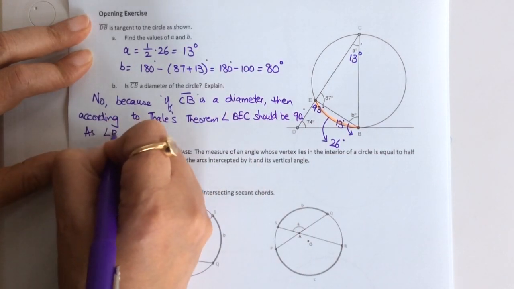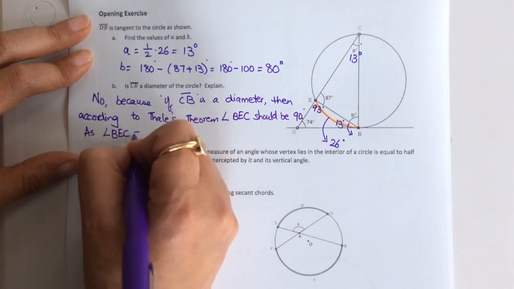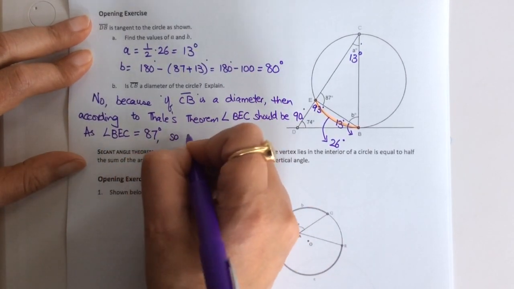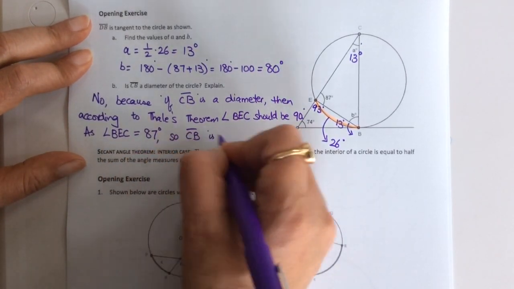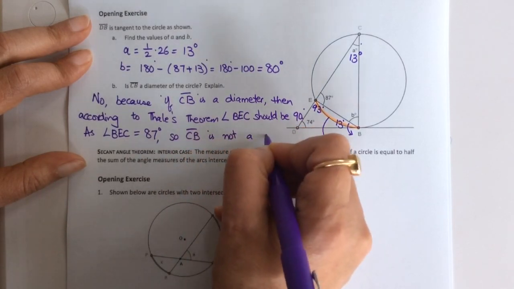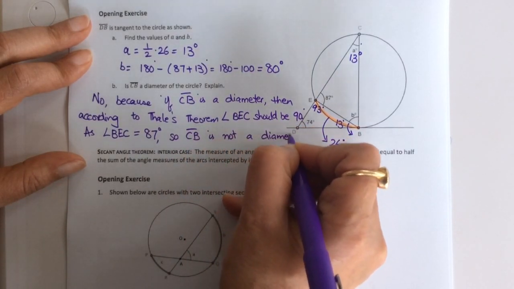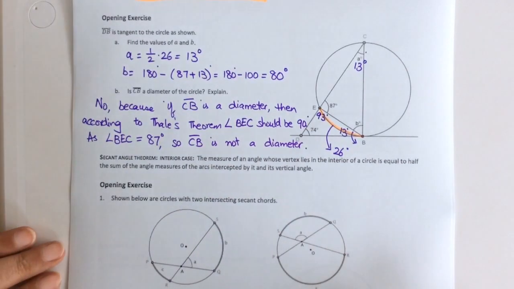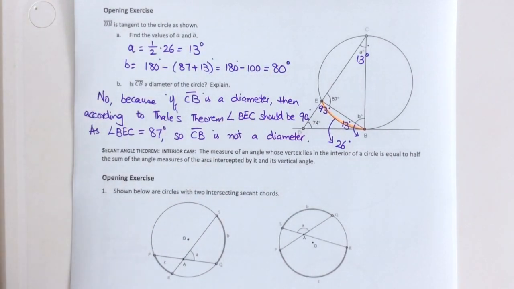So as angle BEC is equal to 87 degrees, CB is not a diameter. You can pause the video here and copy this explanation down.